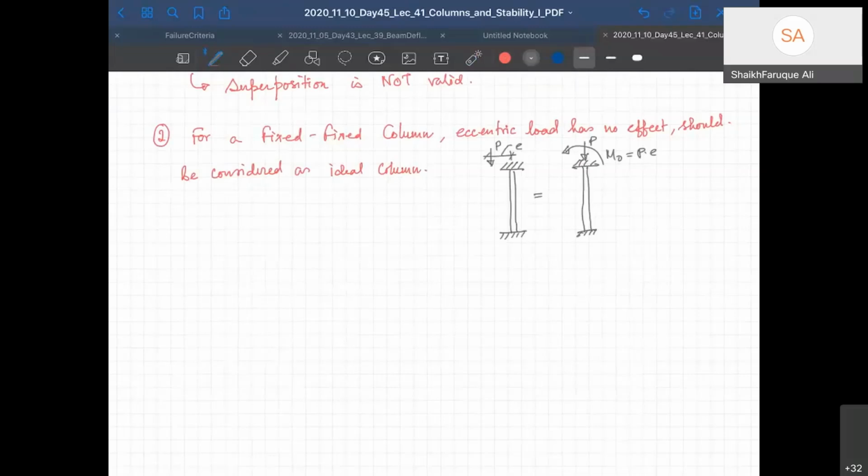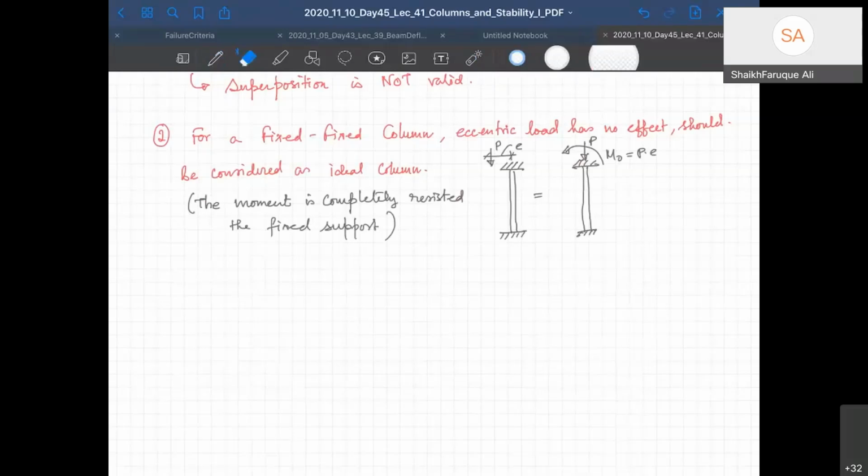In that case, what happens is the moment is completely resisted by the fixed support, and you don't get any effect after that, right? If you give a moment at the fixed end, it doesn't matter, because it will be absorbed by the support itself.